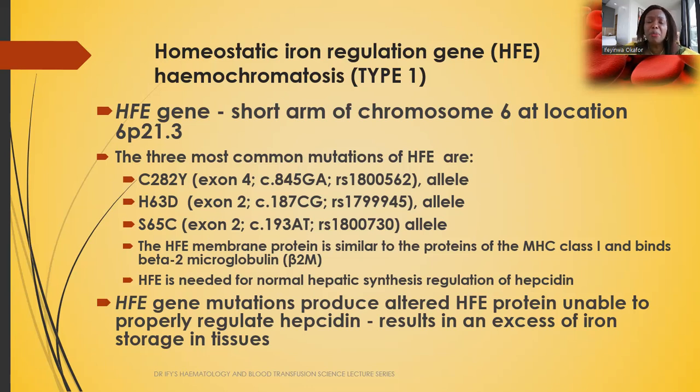So HFE gene mutation produces altered HFE protein, which is unable to properly regulate hepcidin, resulting in an excess of iron storage in tissues. So type 1 hemochromatosis, also known as HFE hemochromatosis, occurs in adulthood, normally between 40 to 60 in men, and is mostly found in postmenopausal women.